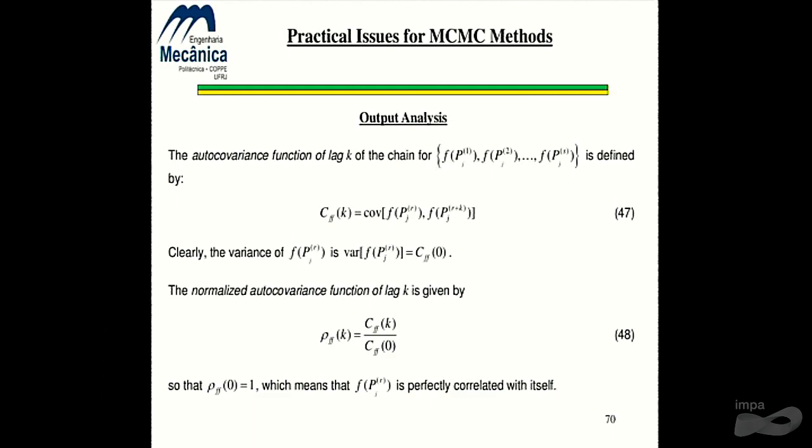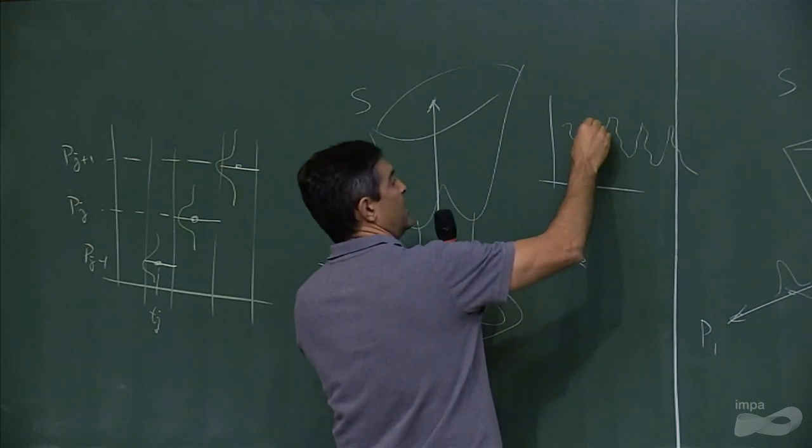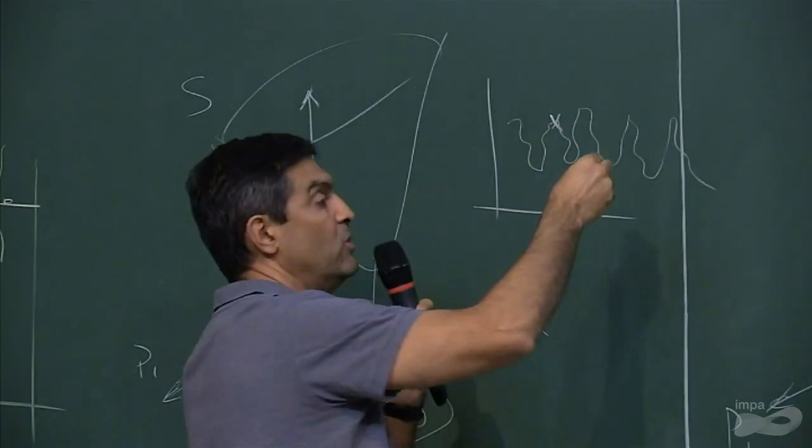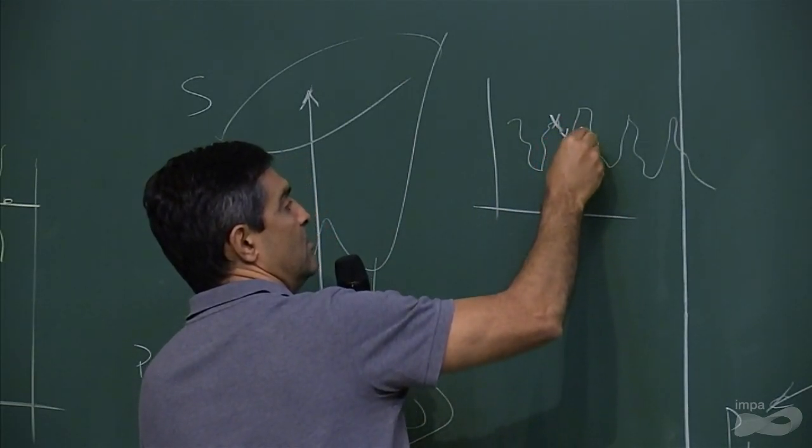So you're basically getting the correlation of this point with k points ahead in the chain.